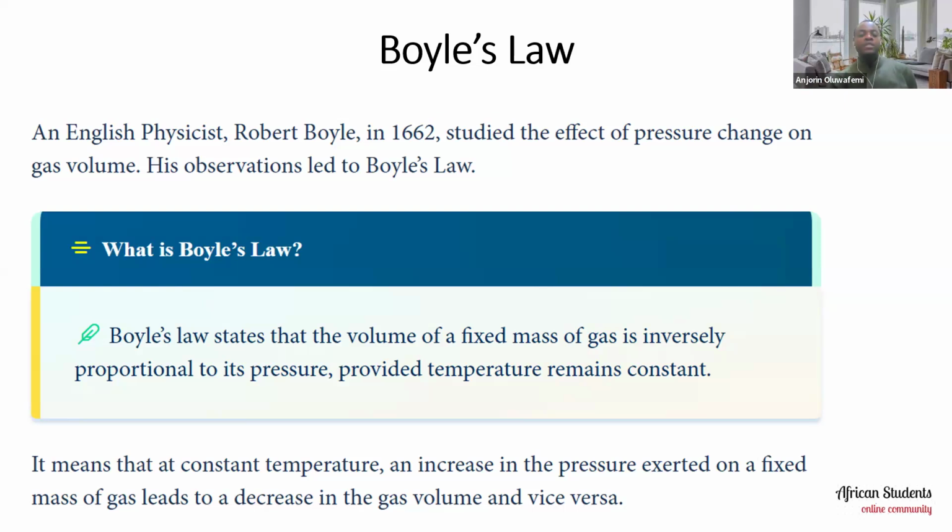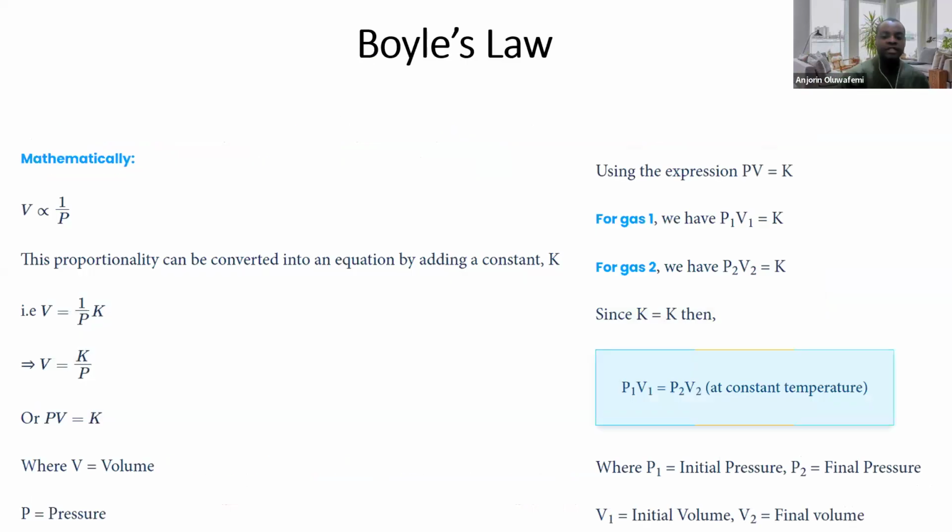Okay. All right. Now let's look at the mathematical representation of Boyle's law. Now, how do we represent Boyle's law mathematically? Basically, we say V is inversely proportional to the pressure.